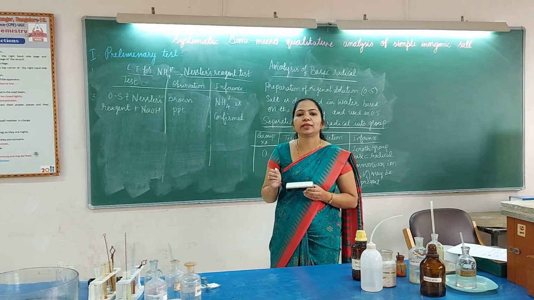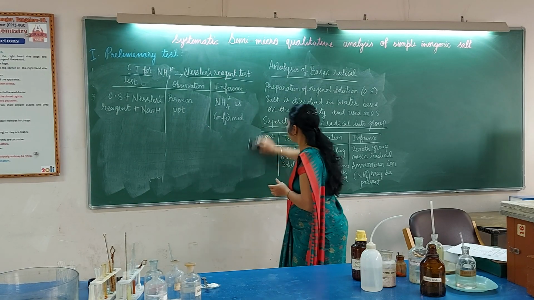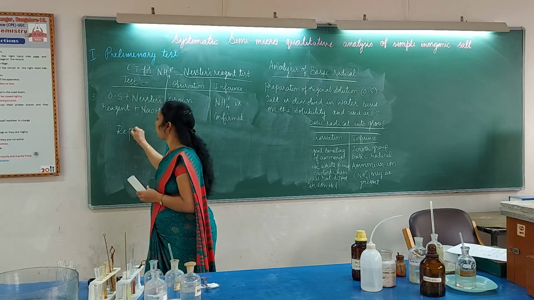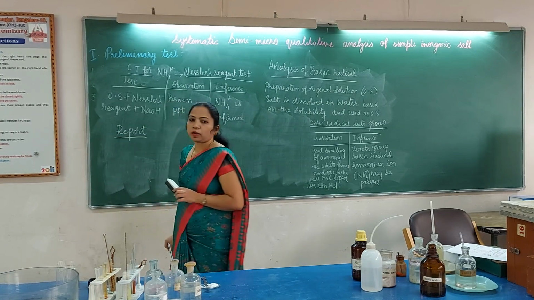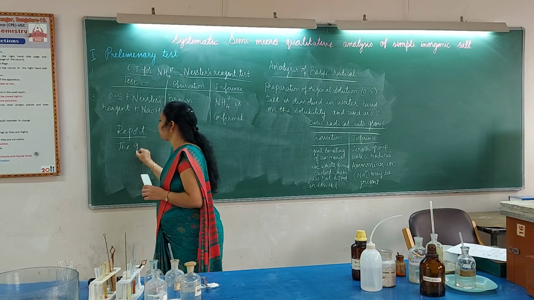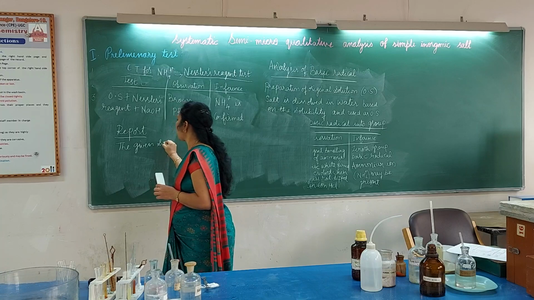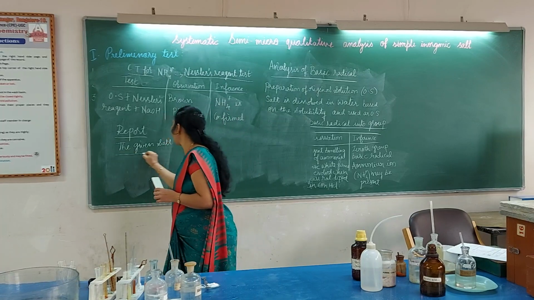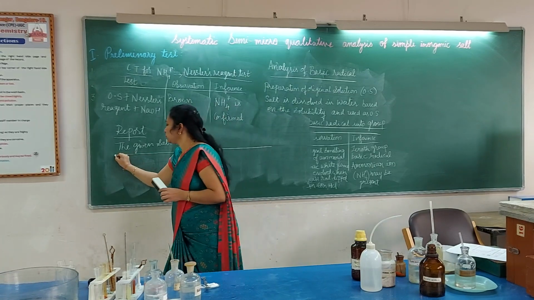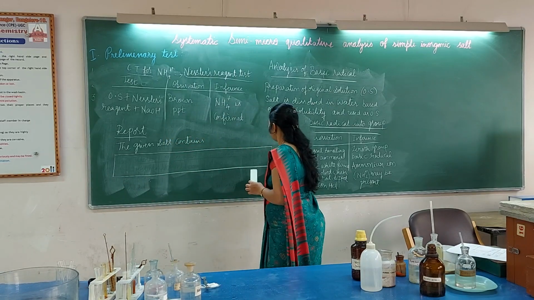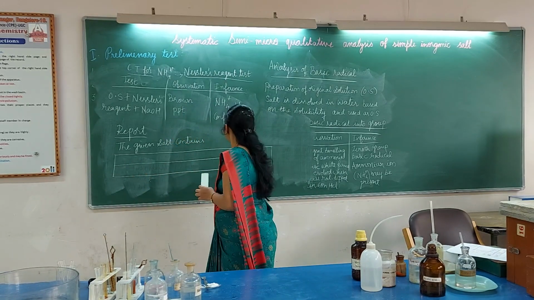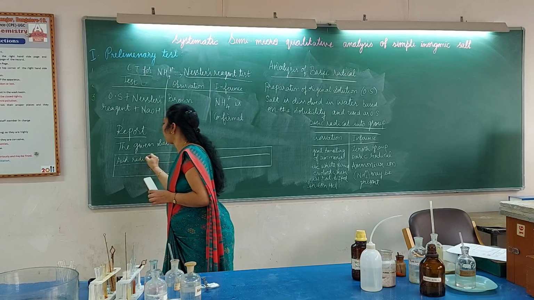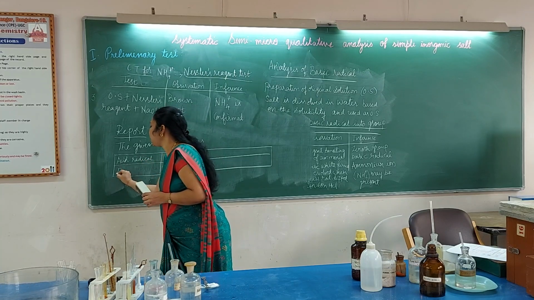So how to write the report? Report: the given salt contains, so you have to make columns. This is acid radical and this is basic radical.